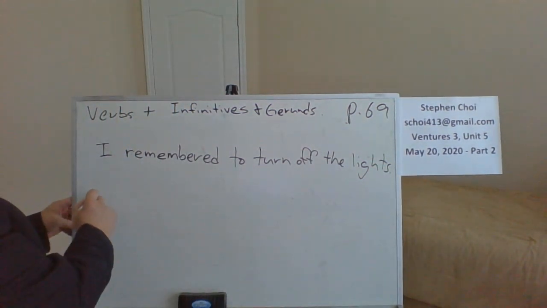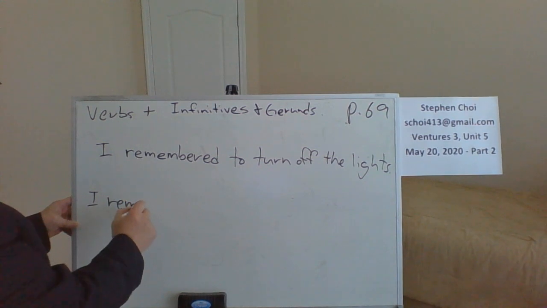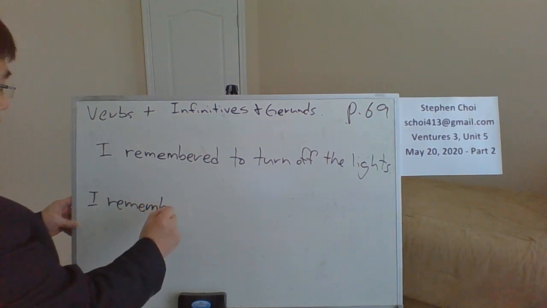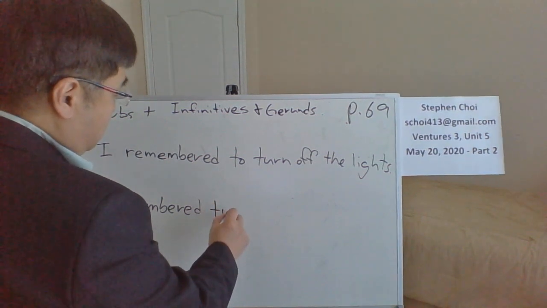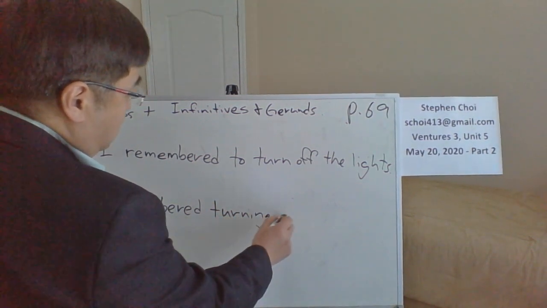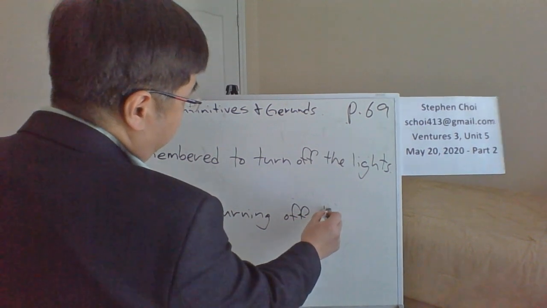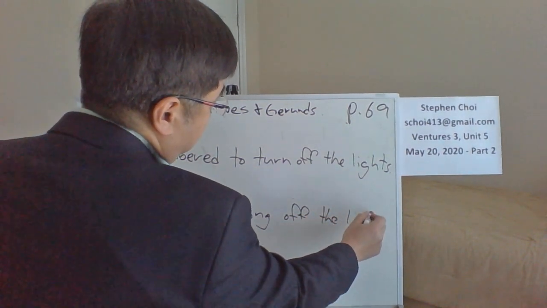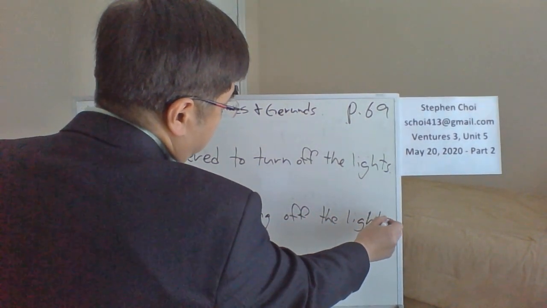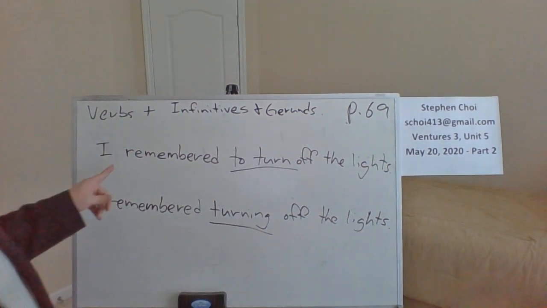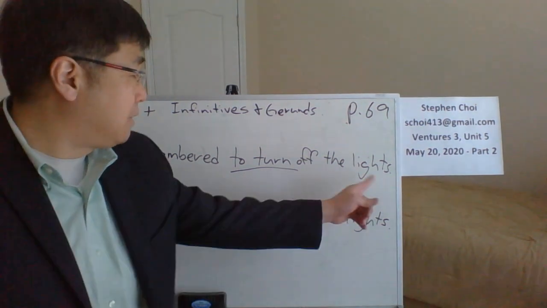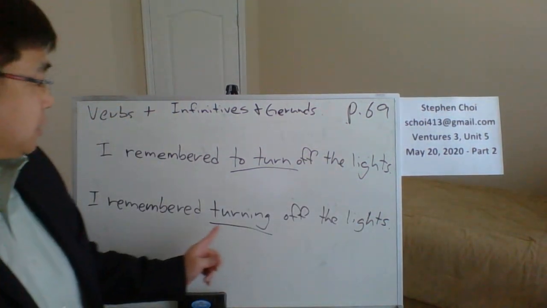And the second one is, I remembered turning off the lights. Right, so you have two sentences. I remembered to turn off the lights. I remember turning off the lights.